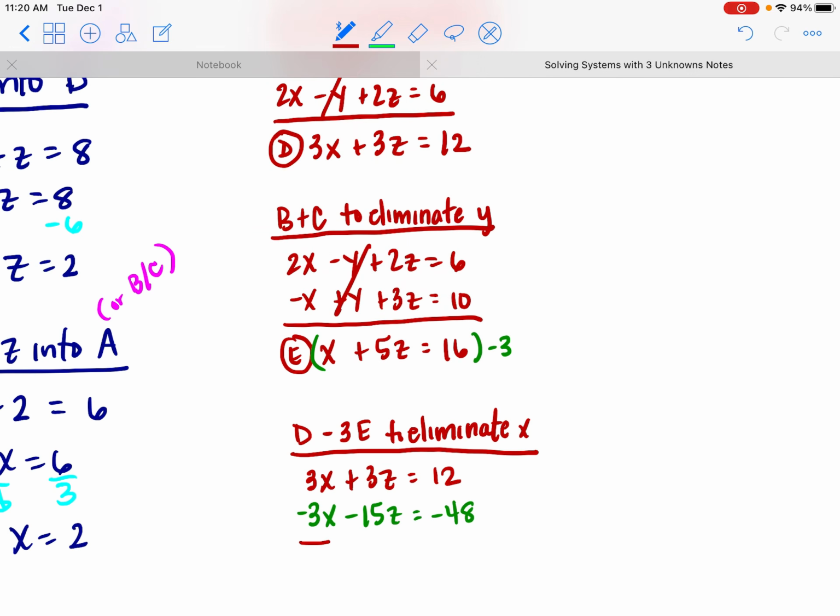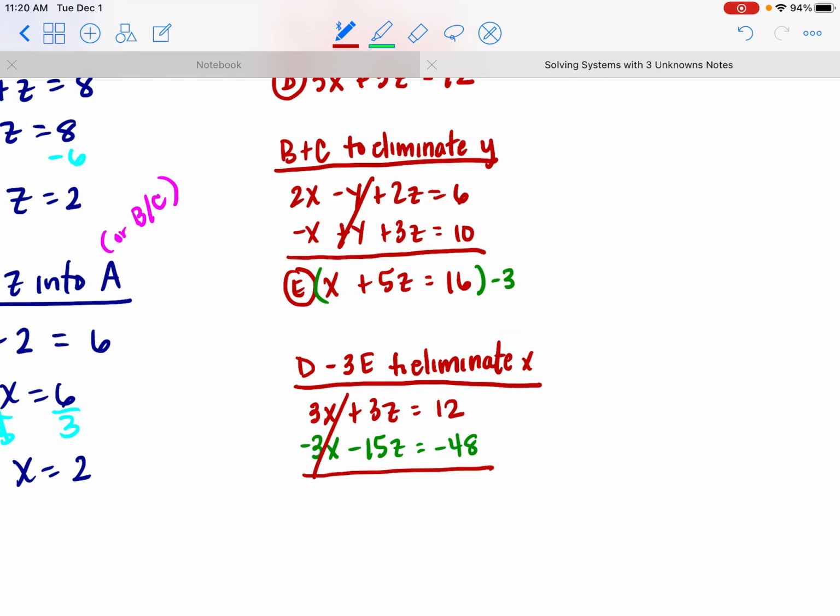So if I put these together, x's cancel. 3 minus 15 is going to give me negative 12 in front of z. And then negative 48 and 12 combines to make a negative 36. And now I'm just about done. I can divide both sides by negative 12. And that gives me the first part of my solution. Z has to equal positive 3.